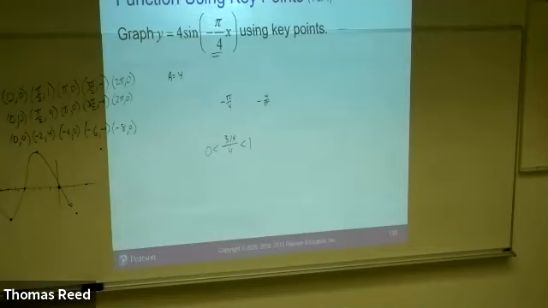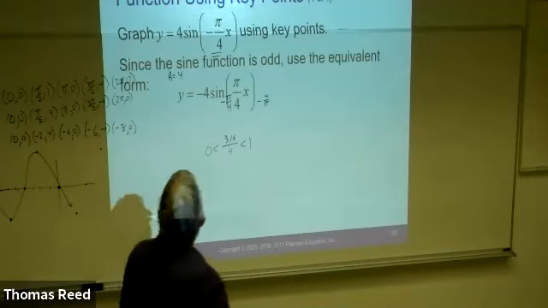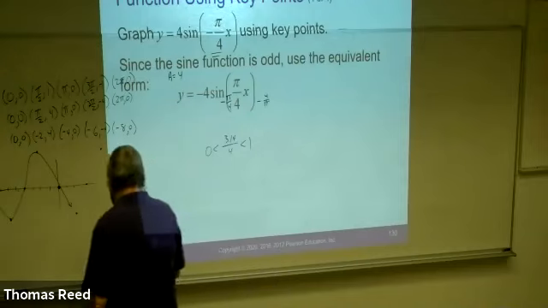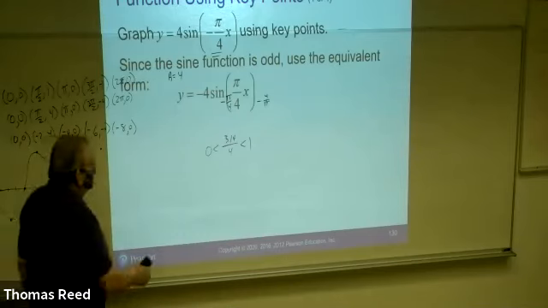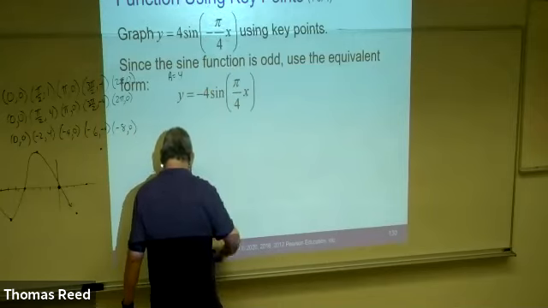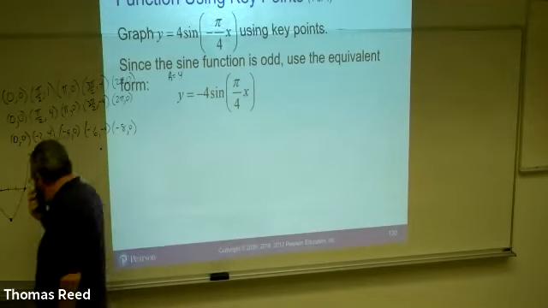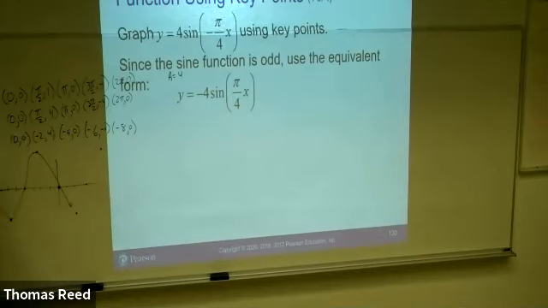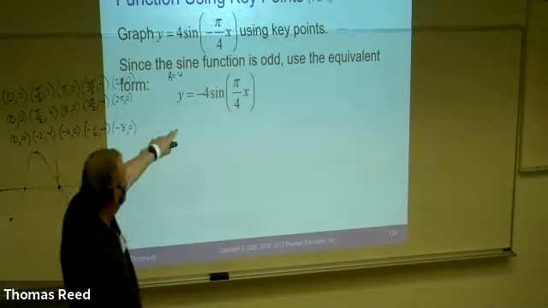So let's look at what they say here. Oh, it's negative. Oh, I see what they did. Yeah, I was wondering about that. Because sine is an odd function, I can pull this negative sign out of there and then deal with that. Well, then we're going to get these points over here, not these points down here. Making sense? So the way they were doing it, they rewrote it this way.